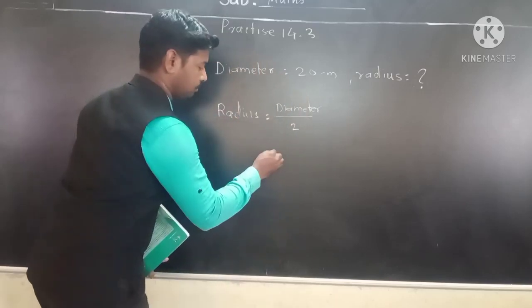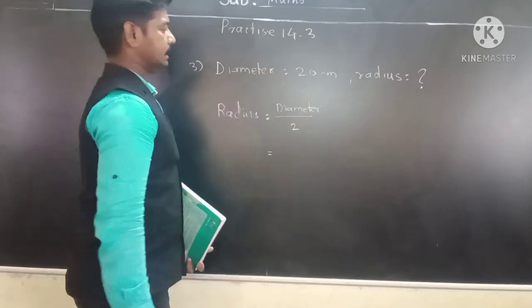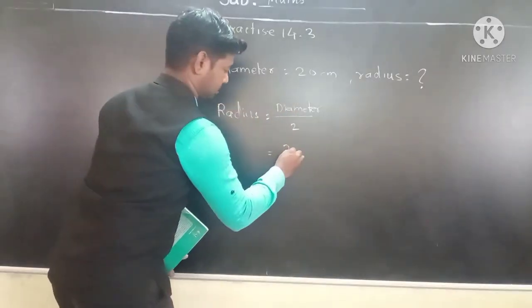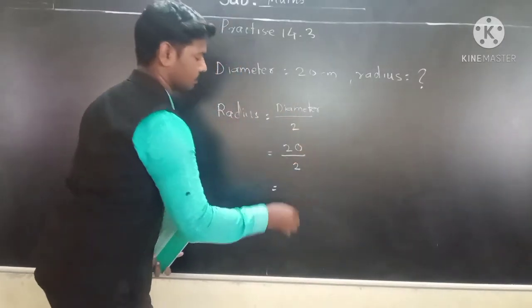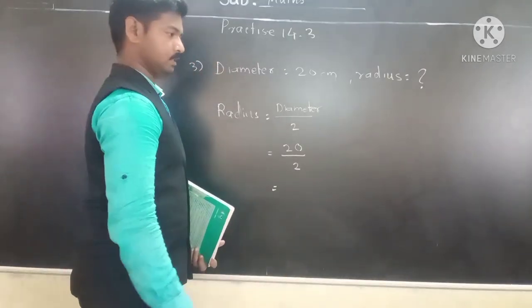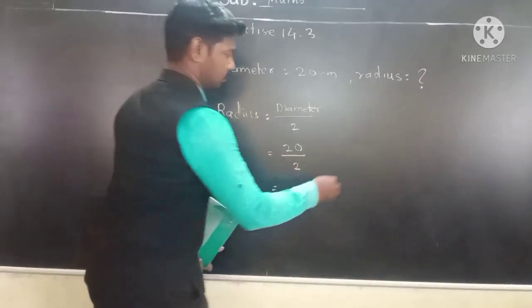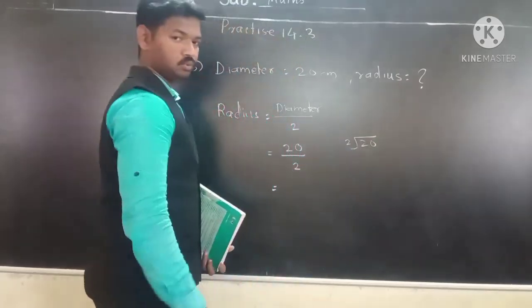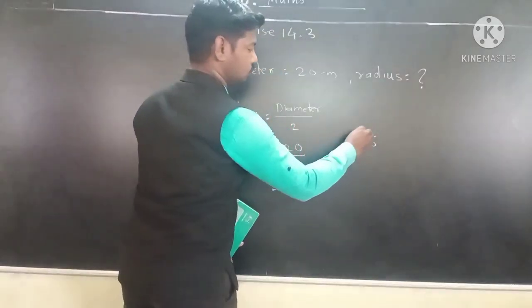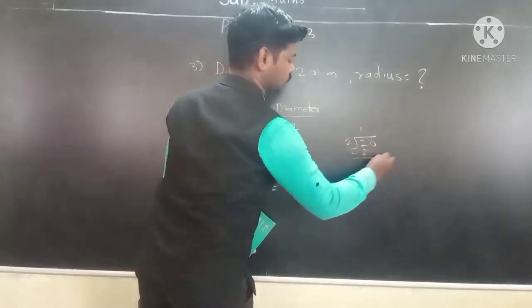Okay, so the same way we will put the value. Diameter is given as 20 centimeters. So 20 divided by 2. Yes, we will do the division here also, or we can do it like this. 20 divided by 2. First we take the 2, 2 ones are 2.